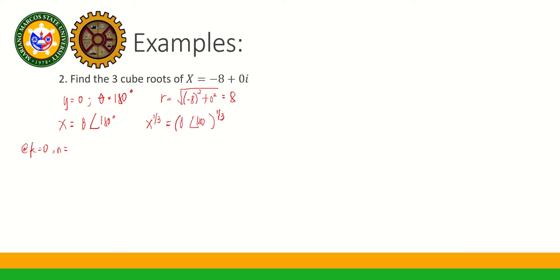Angle 180 raised to 1 over 3. So, this will be equal to 8 raised to 1/3. And then, angle 180 plus 360 times 0, since k is equal to 0, over n, which is 3. Again, this will cancel. This will be equal to 0.